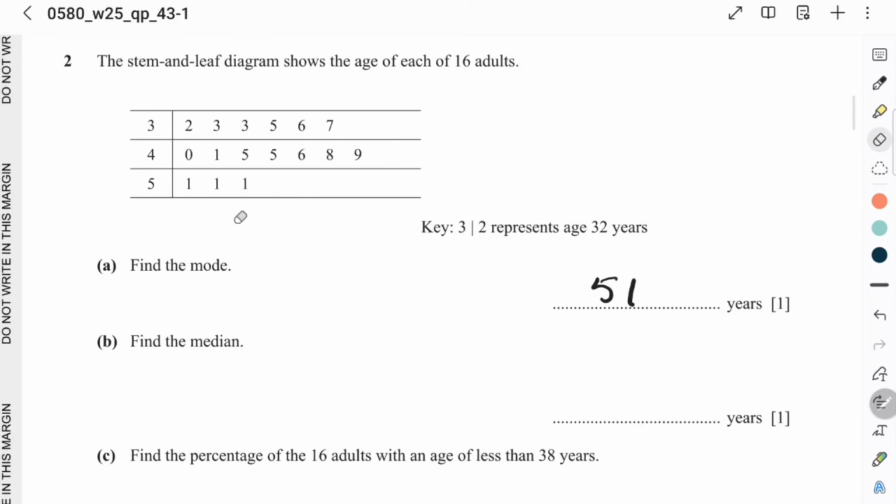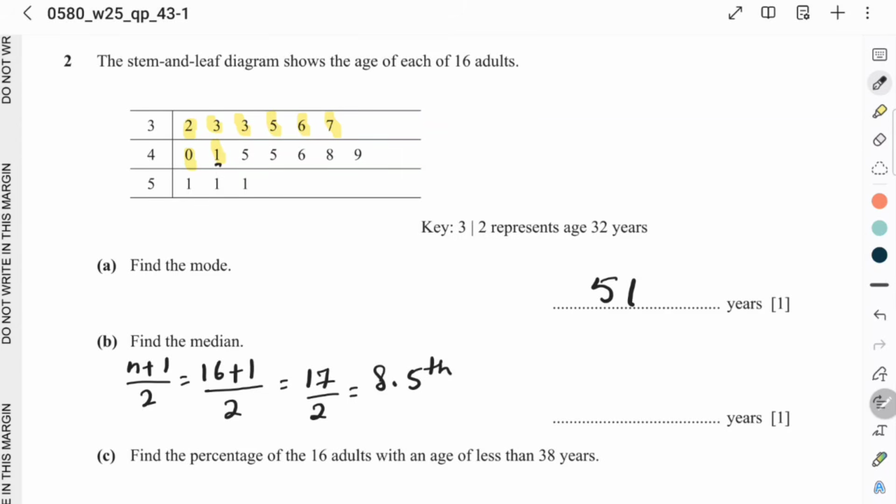Find the median. Median means the middle number. For the middle number you do n plus 1 upon 2, and 16 numbers are there. 16 plus 1 upon 2 means 17 upon 2. We'll have to check the 8.5th number in the sequence. So right now this is 1 2 3 4 5 6 7 8. So this is the 8th number and this is the 9th number. 41 is the 8th number, and 45 is the 9th number. 8.5th number is the center number.